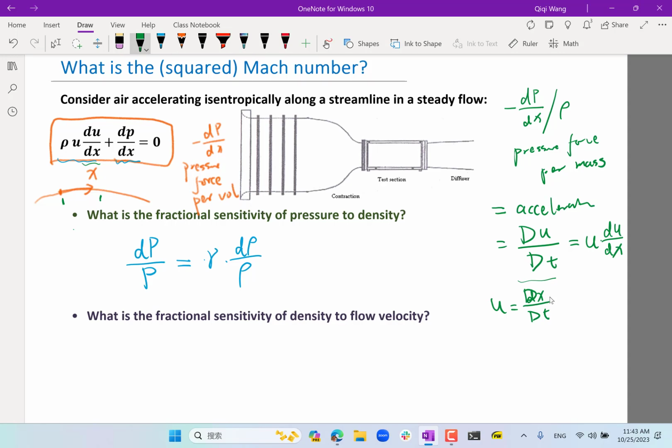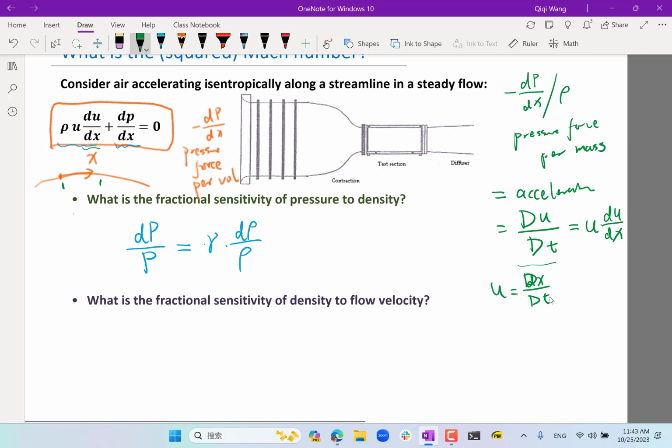Let's divide this equation by p on both sides to get a fractional sensitivity. So we have rho u over p times du over dx plus, let's look over an infinitesimal x, over one point and a small delta downstream along the line, so that's just du, plus dp over p, equal to 0.